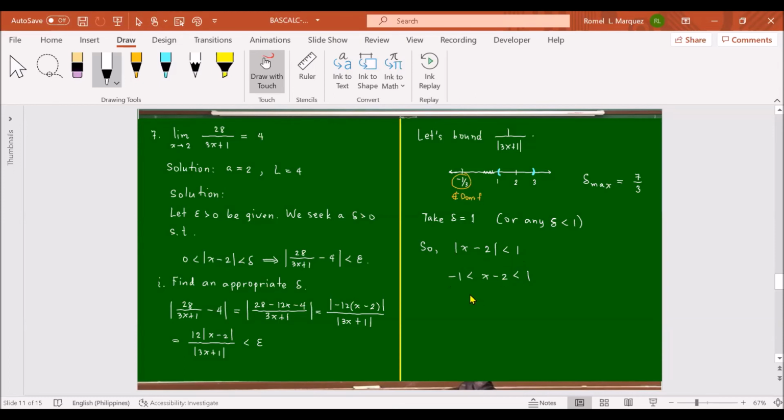And I want to get 3x, so I multiply by 3 each part. So negative 3 is less than 3x minus 6, which is less than 3. From here, I want to make it plus 1, so I have to add 7. 3x plus 1 is then 1 plus 7, that is equal to 4, and 3 plus 7, that is equal to 10.